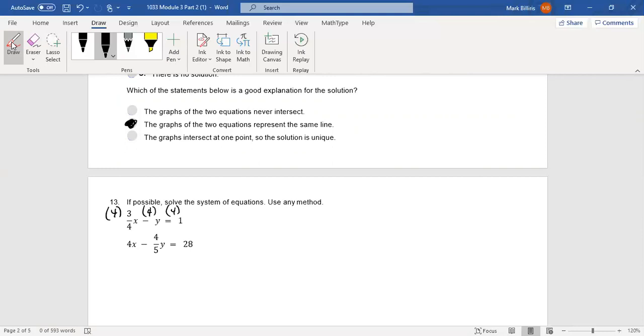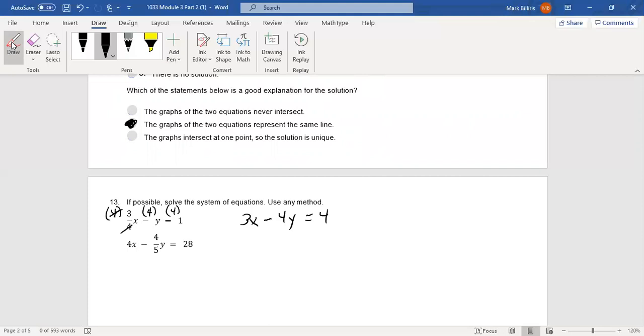When I do that, in the first term, the 4's reduce, and that just leaves me with 3x. I have minus 4y, and then that's going to equal 4. So in the second equation, I do the same thing. I'm not eliminating variables yet. I'm just eliminating the fractions so I can do this problem with less difficulty.